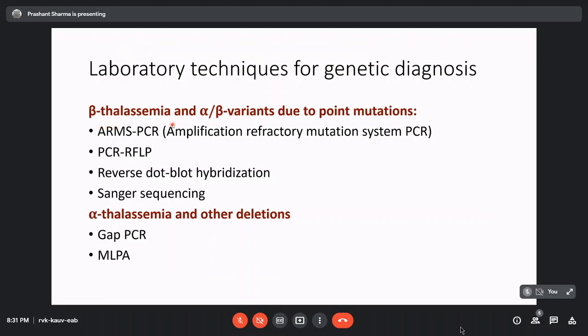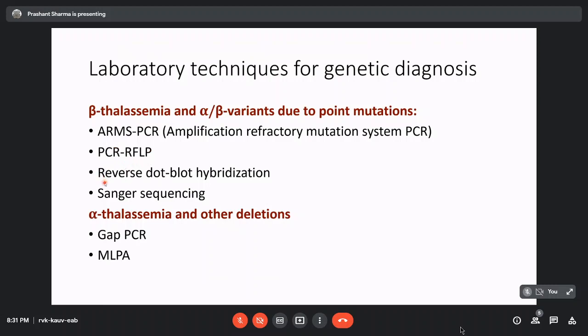So for beta thalassemia and any alpha or beta variant which occurs due to point mutations, one of the most high yield systems is something called the amplification refractory mutation system PCR, or ARMS PCR. You can also, if you can find a restriction enzyme that cleaves at the relevant site or very close to it, design a PCR restriction fragment length polymorphism.